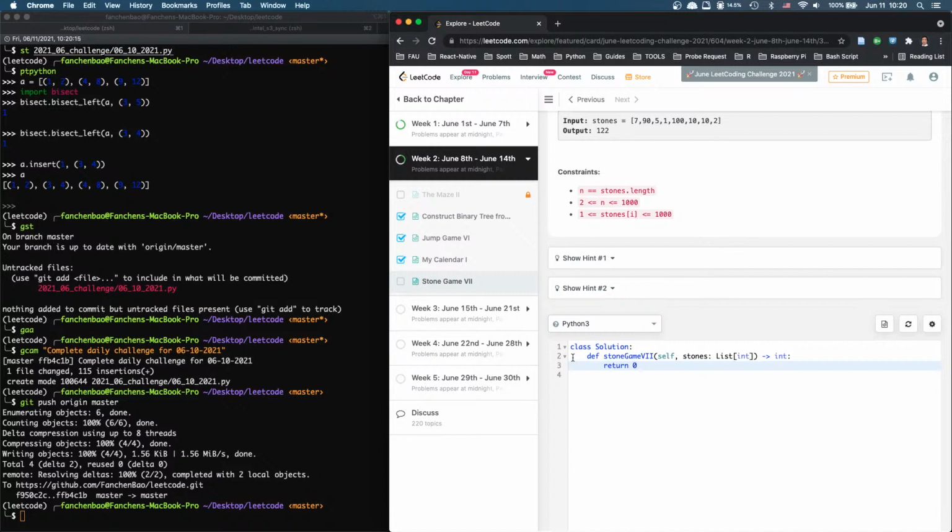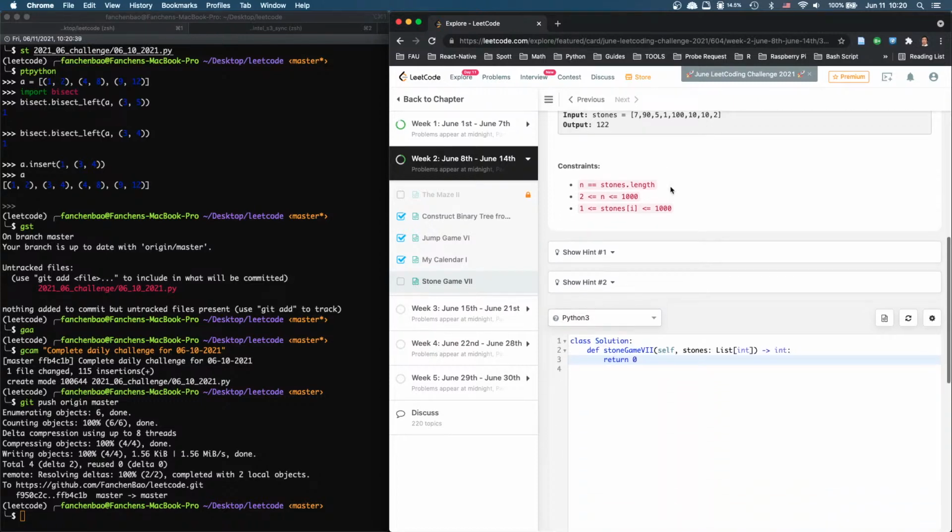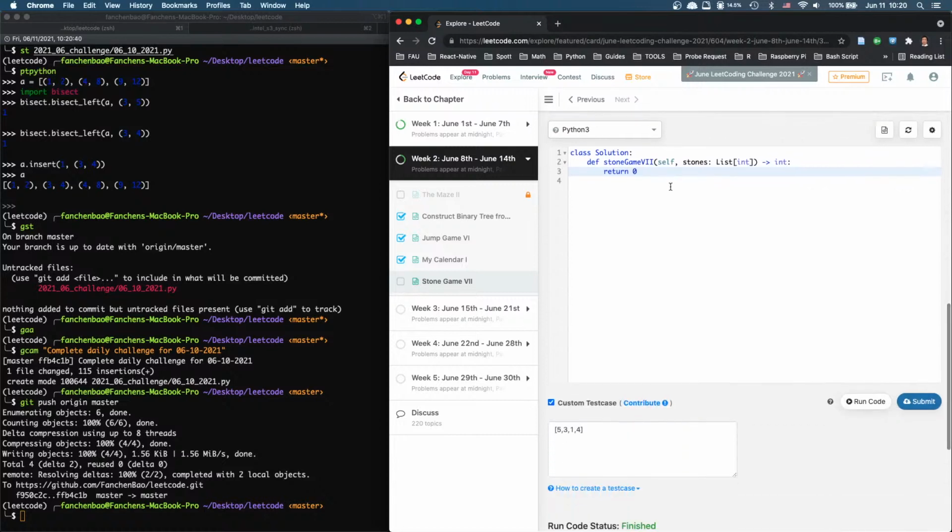Or no. If Bob goes first, we can actually know who's going to handle this. So if it's an even number, if it's an odd number, Alice is going to pick 2, so Bob is going to pick 3. Okay, let's do this. So it's 4, right?